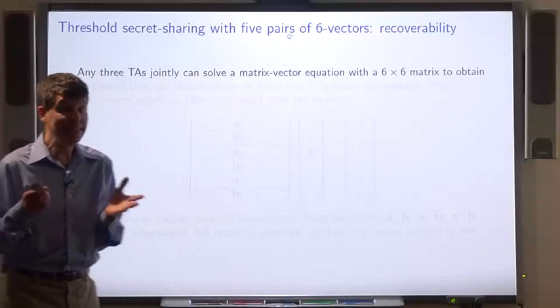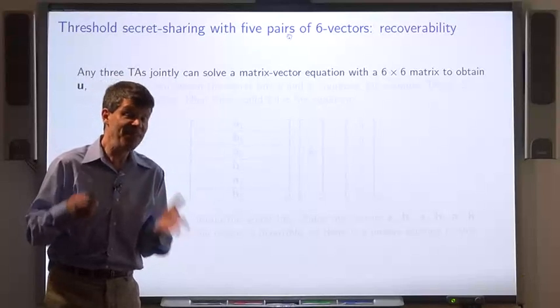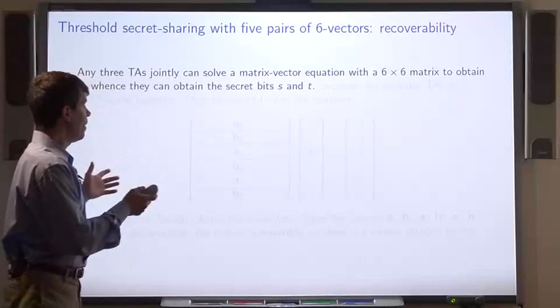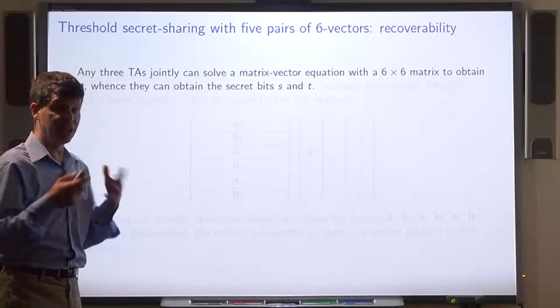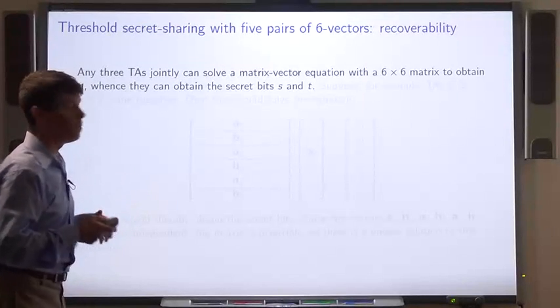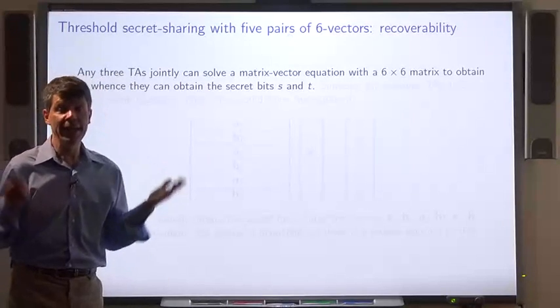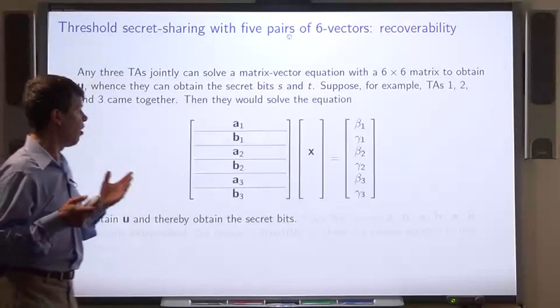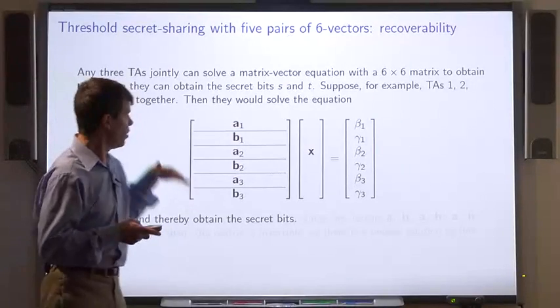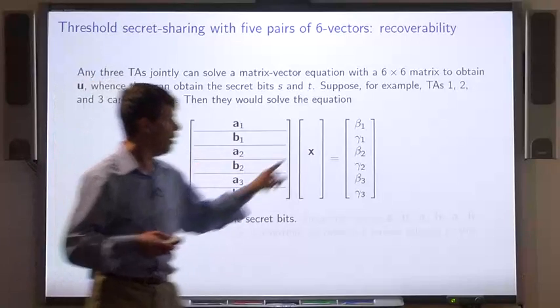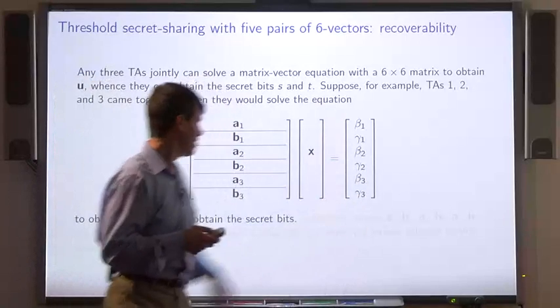Now suppose 3 TAs want to get together and figure out the secret bits S and T. They set up a matrix vector equation that allows them to derive those bits. Suppose, for example, that TAs 1, 2, and 3 came together. They would solve this equation. They would put their pairs of vectors in to form this matrix and put the bits that they know in the right-hand side.